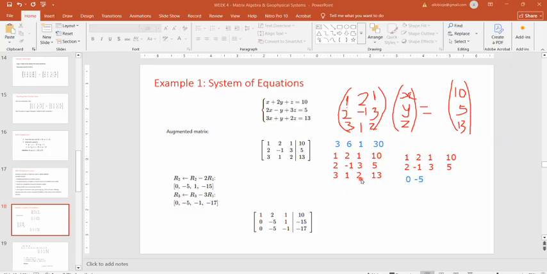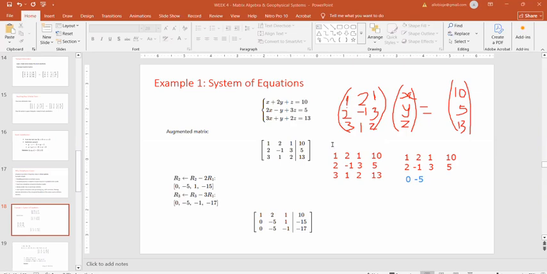Okay, sorry, there's a mistake here. I should have multiplied this by 3, right? Because this is still 1, so this should be 3. Let me see if I can insert. Oh, it has disappeared.